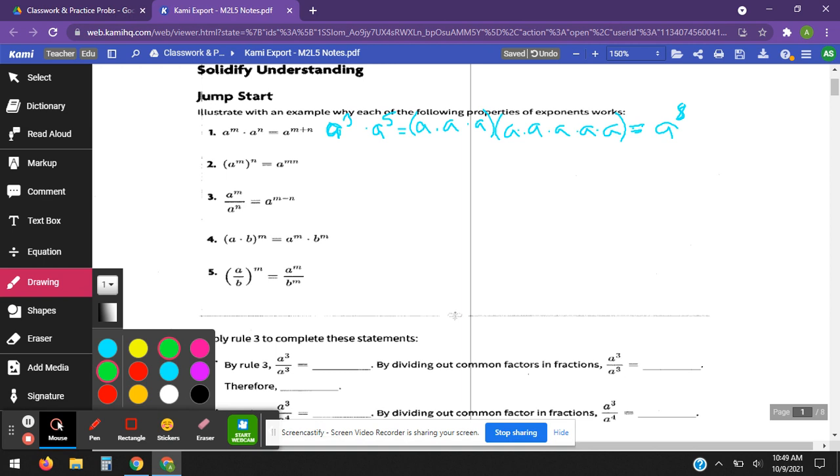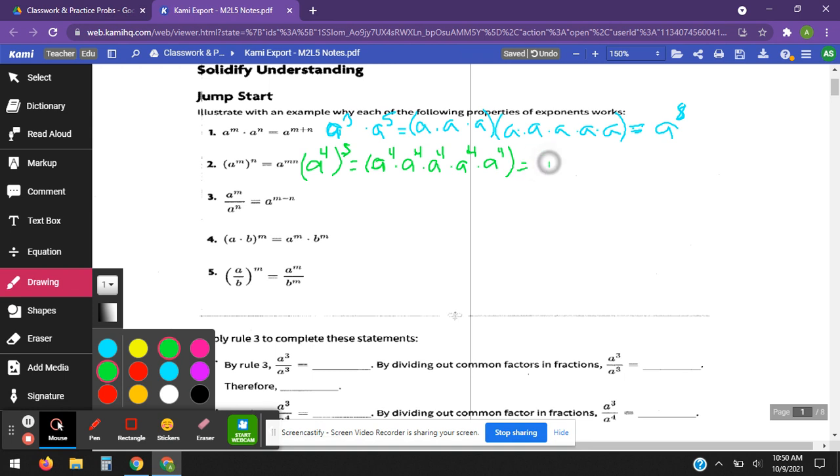Now we'll do 4. A to the 4th to the 5th. So when I'm taking an exponent to another power, that's basically saying a to the 4th, 5 times, which we just said above, that we add all those together.